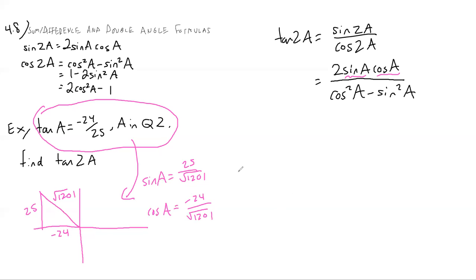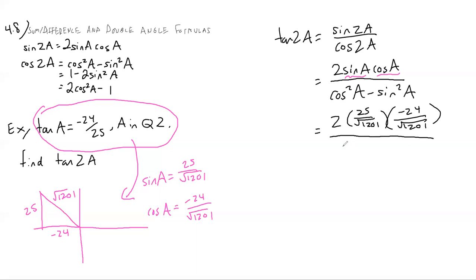But it looks like at least all those roots are going to wipe each other out when I plug them in. So that's nice. So I'll get 25 over root 1201 times negative 24 over root 1201 divided by, so cos squared, negative 24 over root 1201 squared, minus 25 over root 1201 squared.